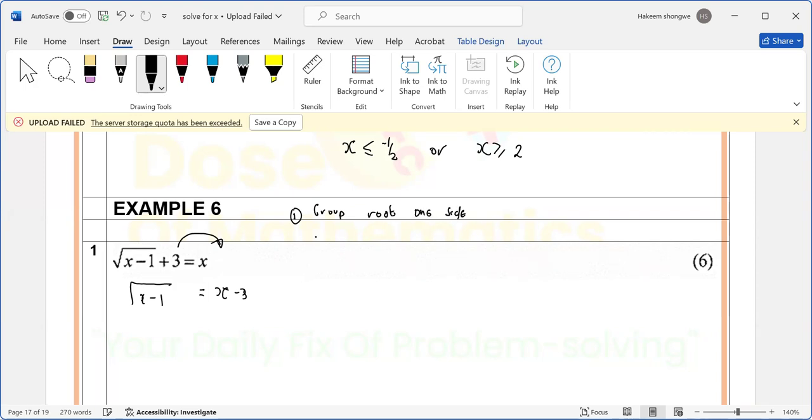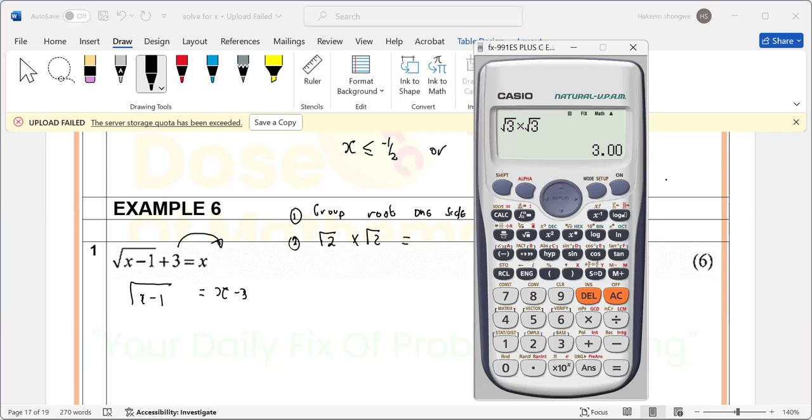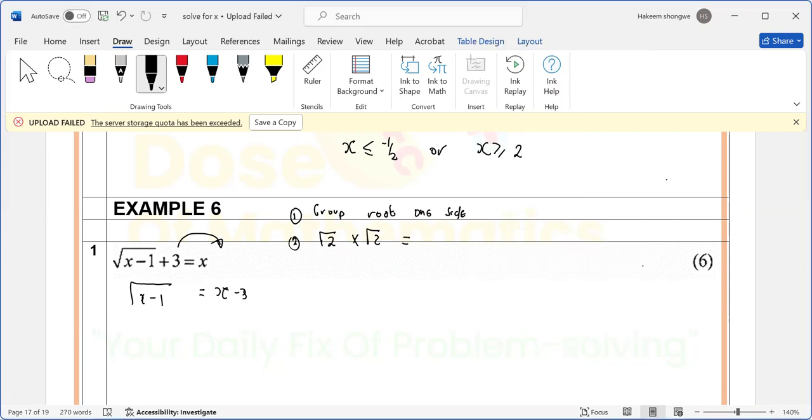Okay, what do we do with number two? With number two, we want to apply the following principle. Let's look at the principle that I spoke about. If a learner finds themselves in a situation whereby they have to multiply two roots, the principle says, if I have root 2 multiplied by root 2, if you check this in your calculator, the answer is going to be equal to 2.